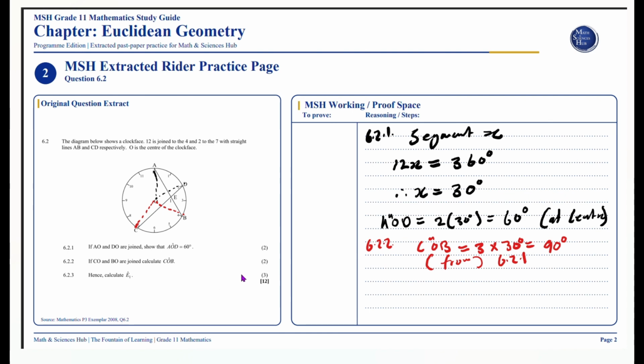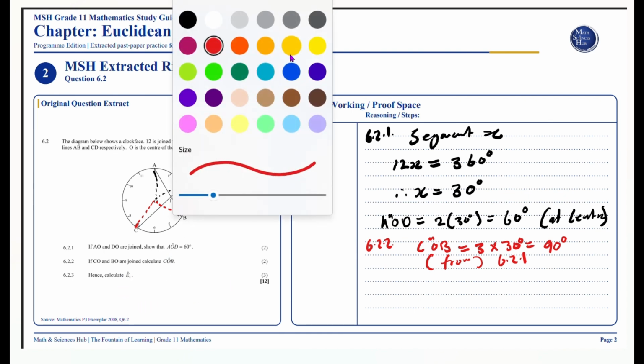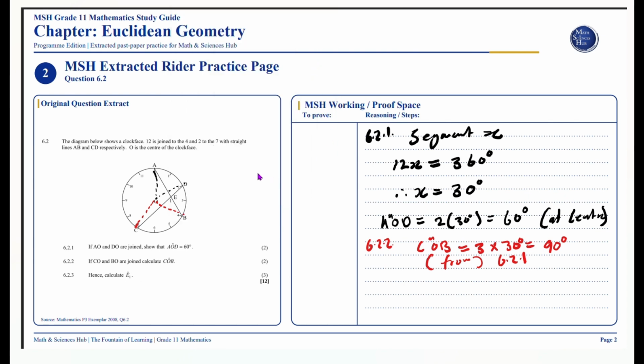Now it says hence calculate angle E1. So we need to calculate angle E1. So I have to slot in 6.2.3 here. Since these angles were at the center, we have the angles at the center, but we do not have the angles at the circumference of the circle.